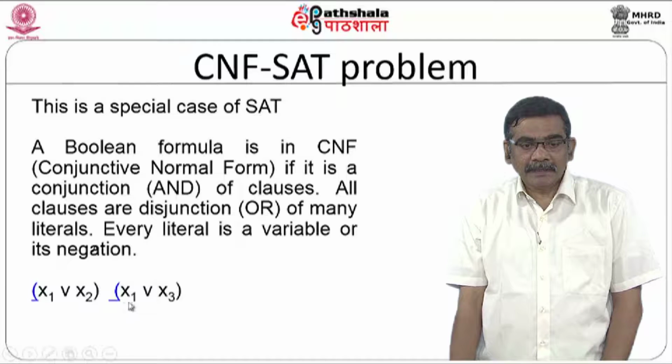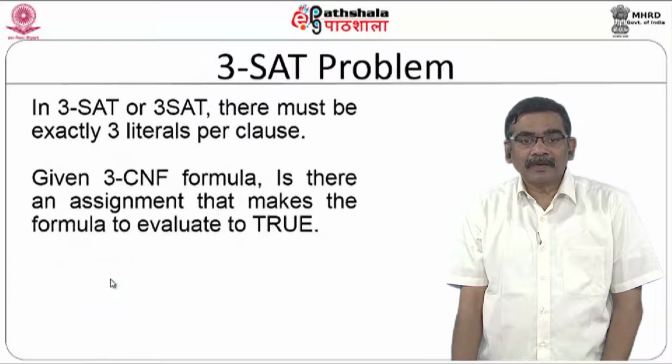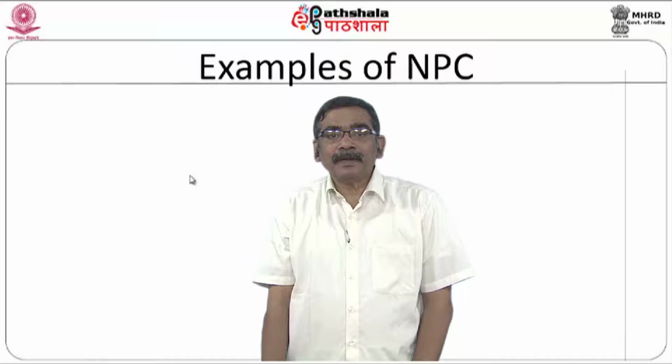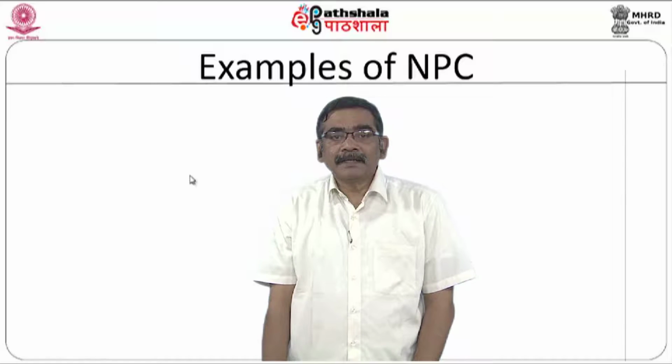For example, these are two clauses, and if we put AND between these two, then this becomes a CNF formula. In 3-SAT we give another extra restriction, that is, every clause cannot have more than 3 variables. If that is the case, then this becomes a 3-CNF problem. In short, we can say that these 3 problems are good examples of NP complete problems.